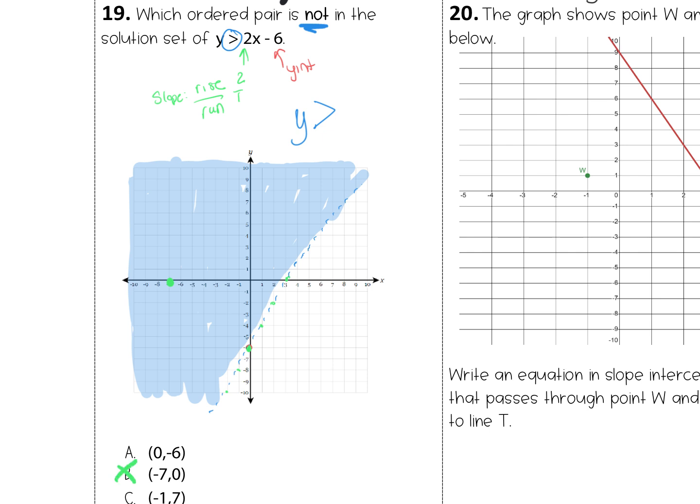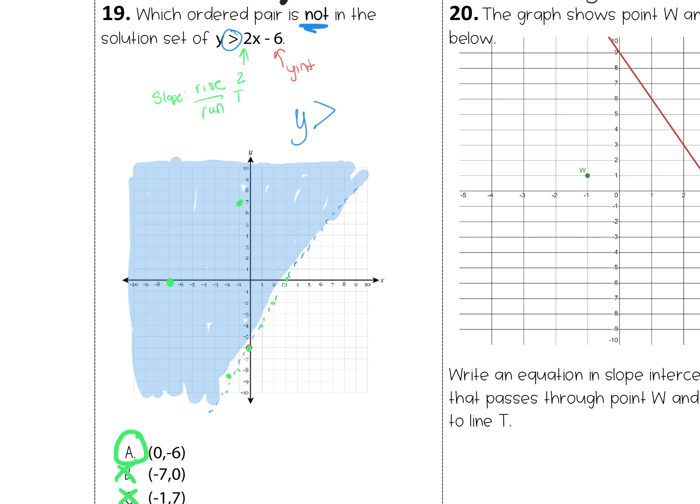Negative 1, positive 7. That's not it. Then I have negative 2, negative 9. Oops, that was the wrong dot, sorry. That one's just going to barely sneak in right on the other side. So that's not it, leaving me with my answer of A.